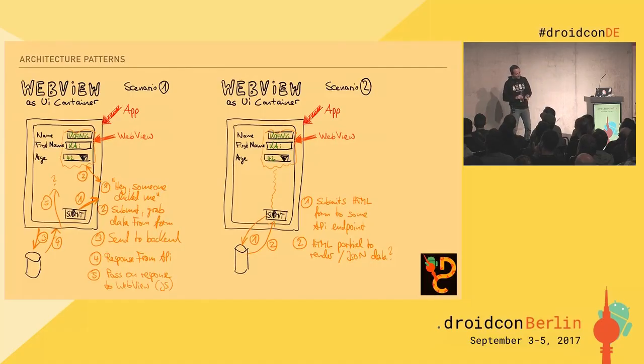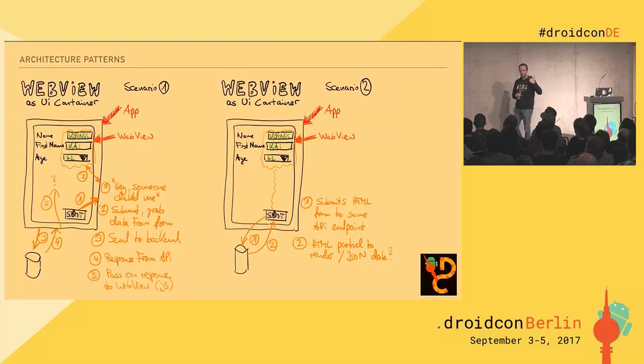So what we have there is basically a web view that holds the whole UI inside of the app, and there is some sort of a form with a submit button. And what would happen in that scenario is I would basically, as a user, click the submit button. The web view would tell the app, hey, someone clicked something here, you have to do something, through that JavaScript interface.